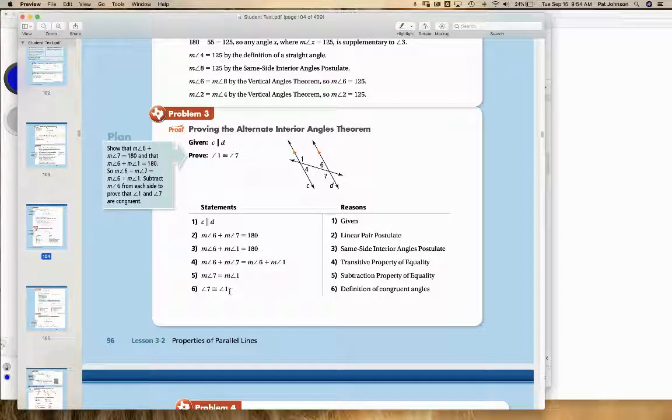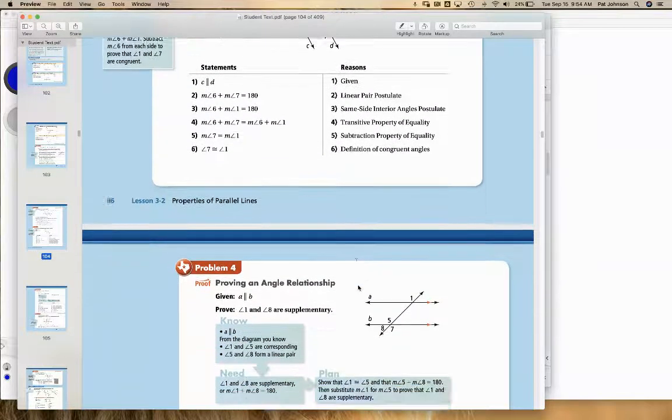So you could either go from here and do one more step and use the symmetric property, or use the symmetric property in between. The book didn't. They took some shortcuts, but that's okay. It depends on your tests and your teacher, and I'm not as picky on this particular one. So remember, the definition of congruent angles always takes you from equal to congruency or vice versa.